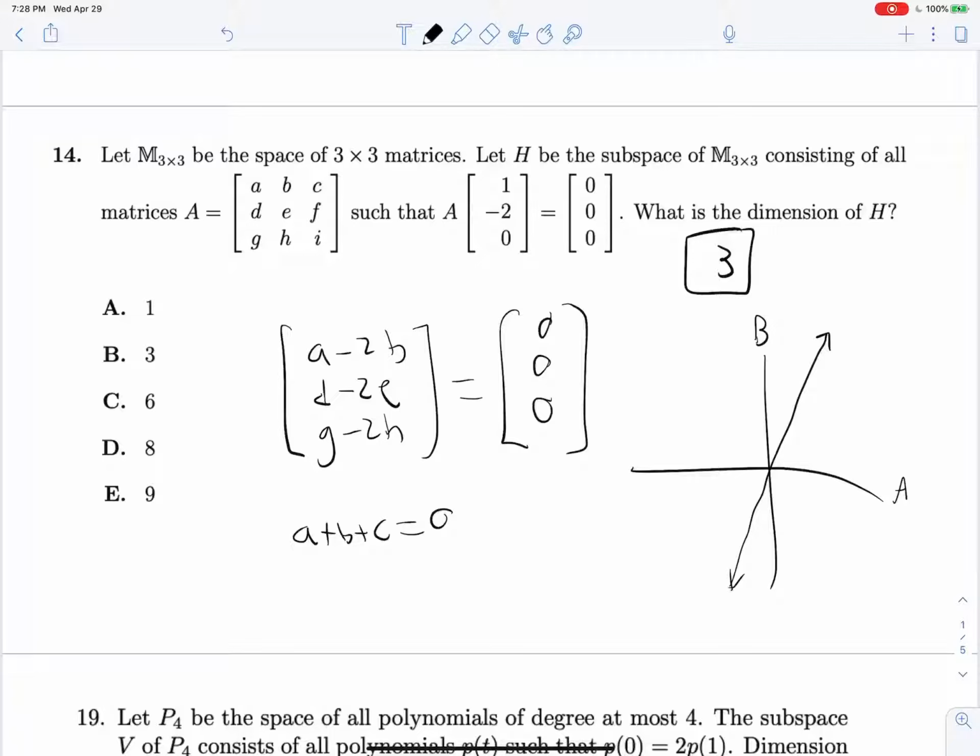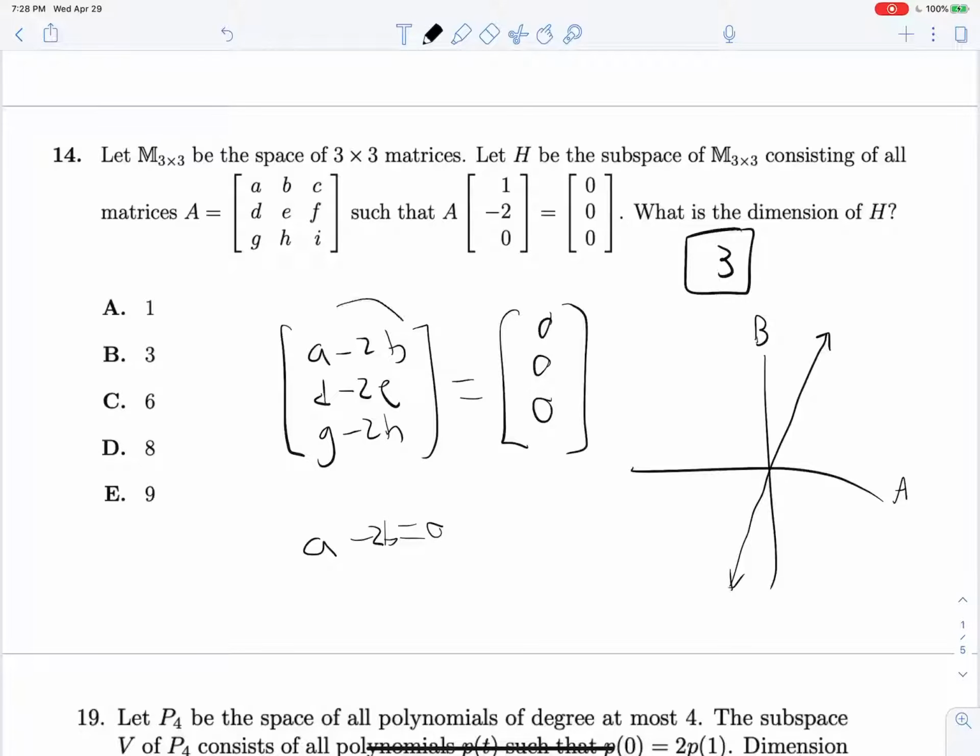Additionally, you could really just think about this as A and B can do whatever they want. They can change all over the place as long as C accounts for that change to set everything back to 0. So likewise, in this case where A minus 2B is equal to 0, or A is equal to 2B, A can change all it wants to, or B can change all it wants to, but the other one has to compensate for that change to keep this expression true.